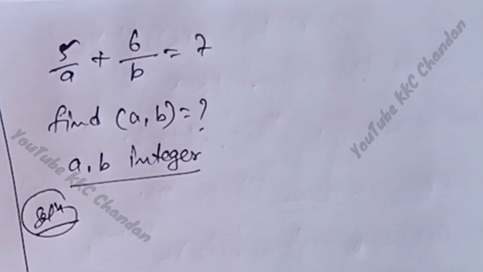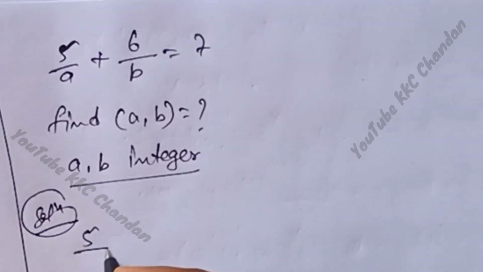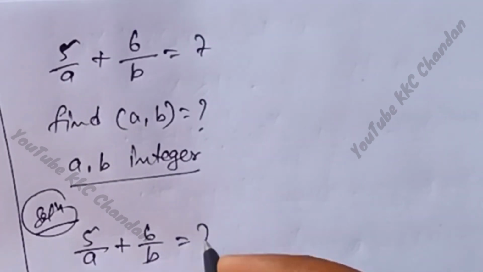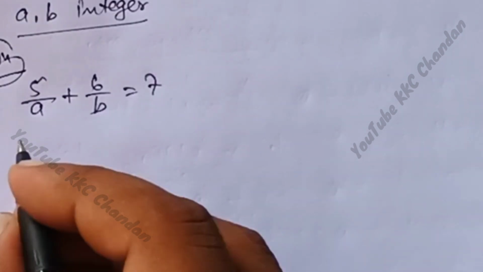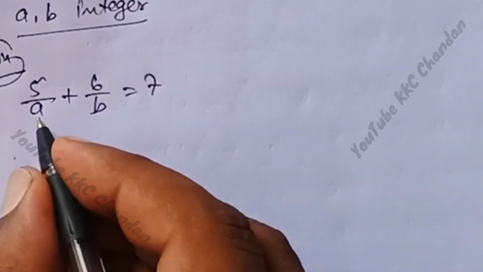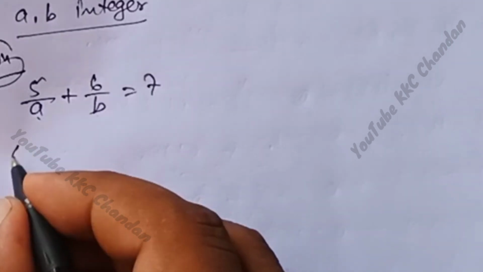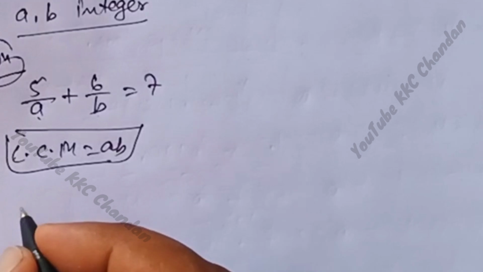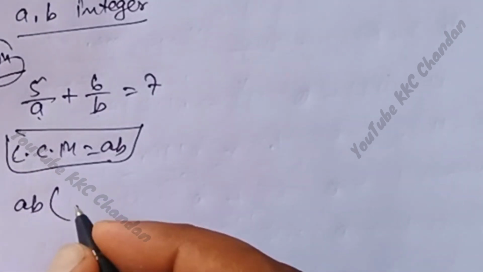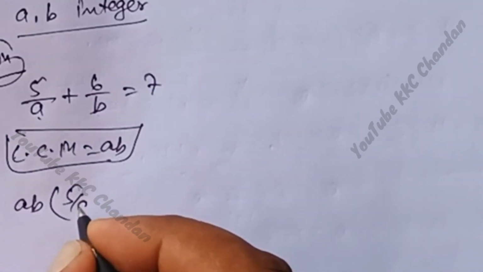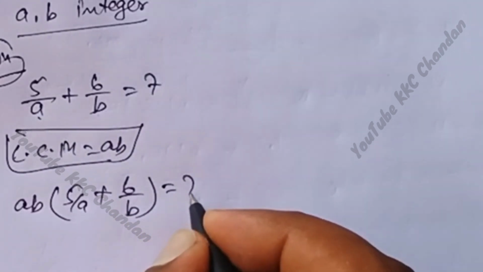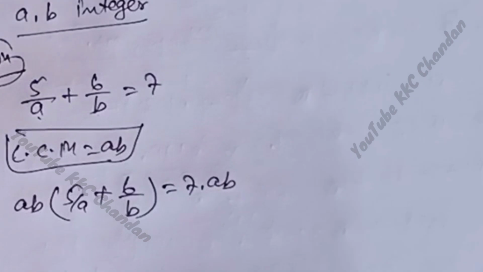Solution. First of all, 5 divided by a plus 6 divided by b is equal to 7. We know that the LCM of a and b is ab. So multiply ab into 5 divided by a plus 6 divided by b, equal to 7 into ab.